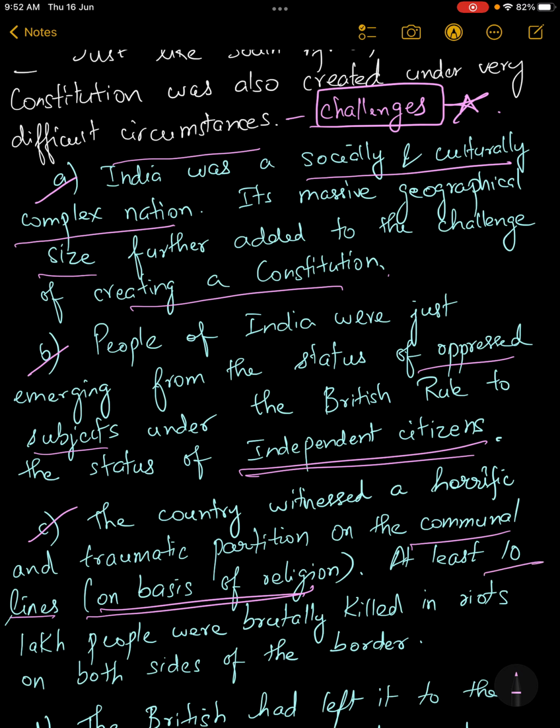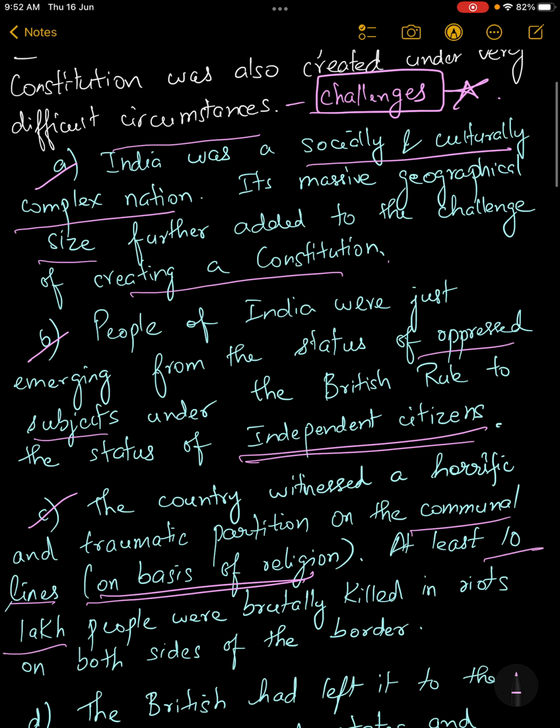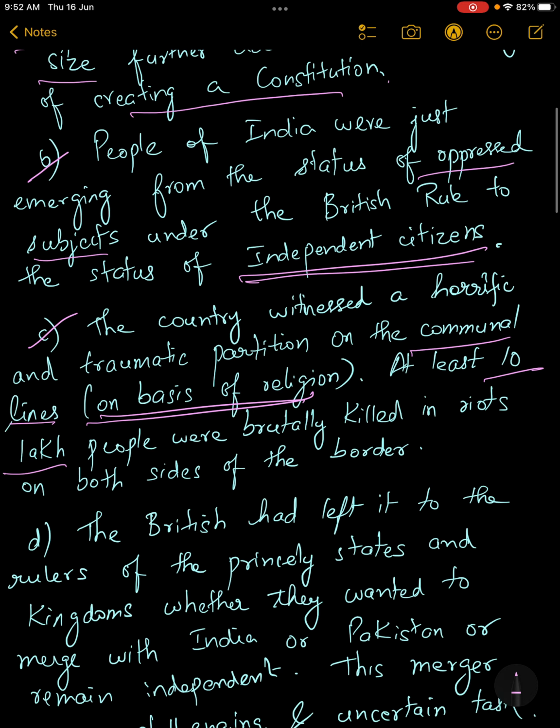This 10 lakh figure is just a general estimate; it was definitely a lot more than that. India was emerging out of the ashes and trauma of partition, and a document had to be created which helped people to come together. This was the third challenge.